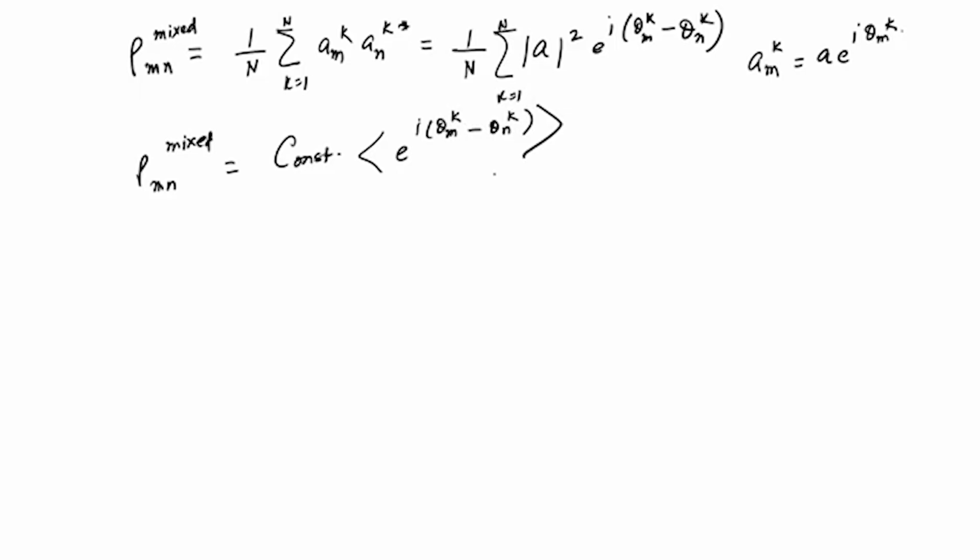And if it is an incoherent superposition, then theta_mk minus theta_nk will exist, but there is no definite phase relationship between these members of the ensemble, and that is why it is a mixed state.